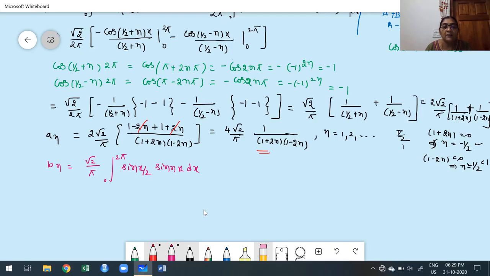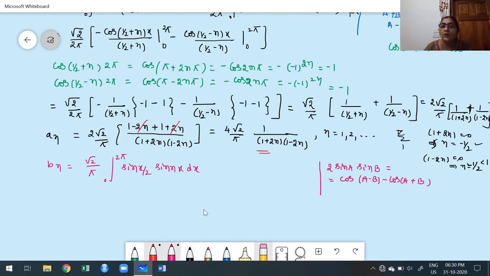Now, while taking this sine A sine B, you know that 2 sine A sine B is nothing but cos of A minus B minus cos of A plus B. So sine A sine B is nothing but half of cos of A minus B minus cos of A plus B.